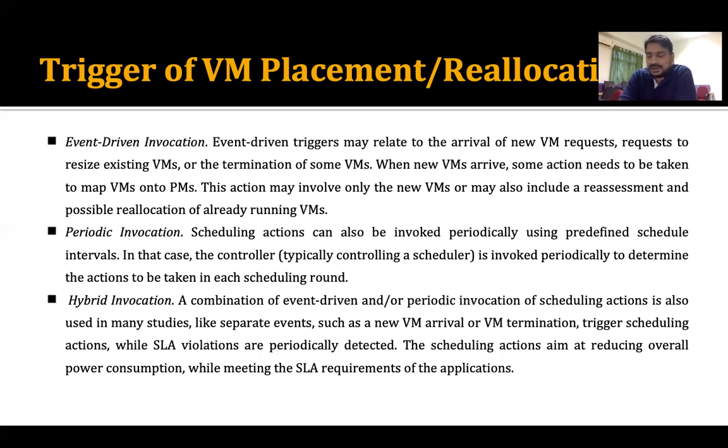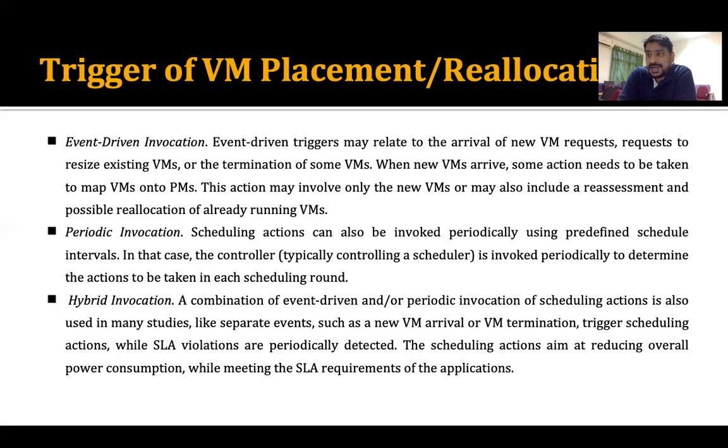In that triggering, we can add one more thing. Actually, there is a situation like a threshold. Threshold means, let's say, one physical machine has utilized its resources up to 90%, and I am putting 90% as the threshold.